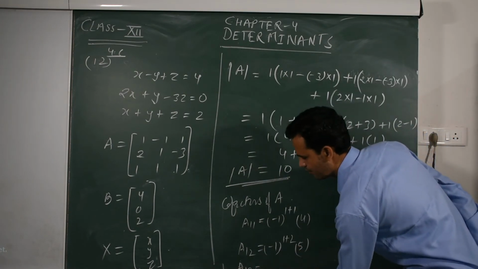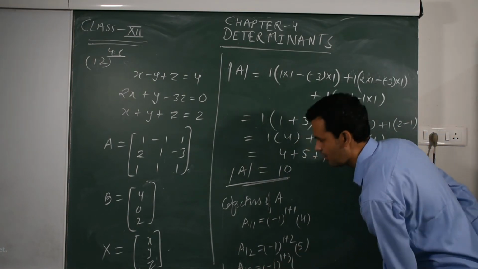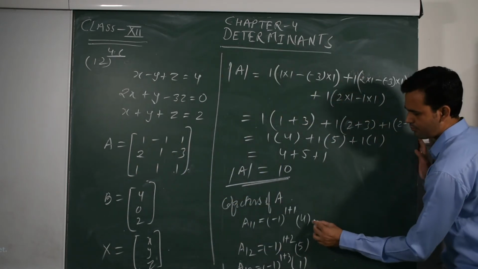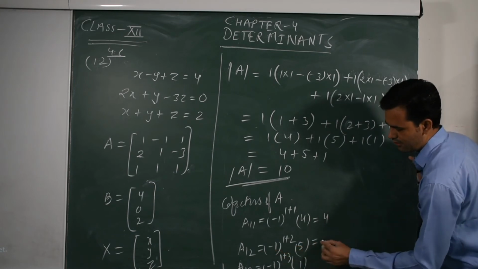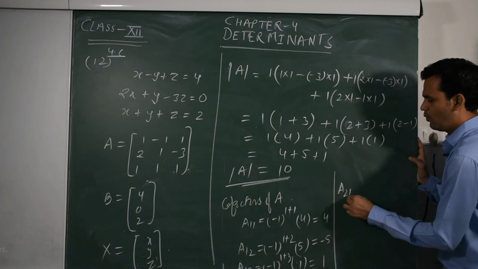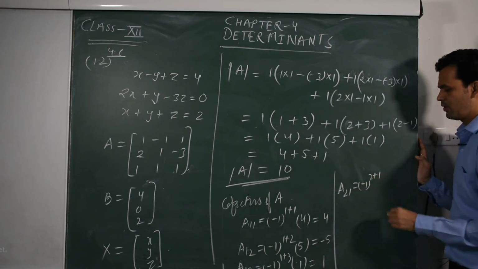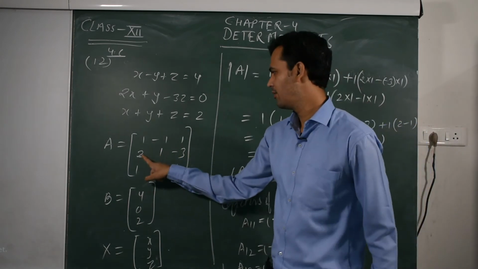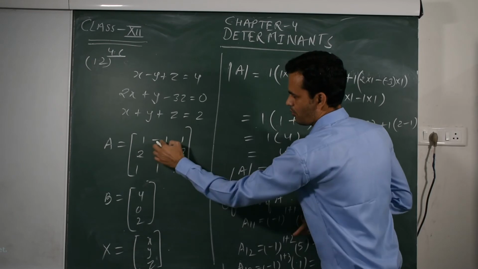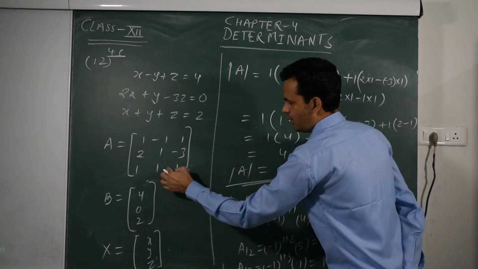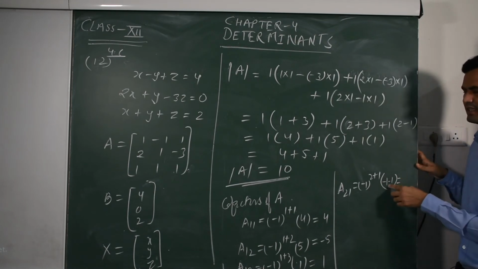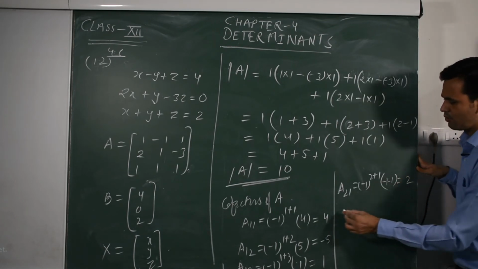And A13, minus 1 to the power 1 plus 3, 2 minus 1, so it is 1. Now A21, minus 1 to the power 2 plus 1, for this we take these 4 elements: minus 1, 1, 1 and 1. So minus 1 minus 1 is minus 2, and with the negative sign, it is plus 2.